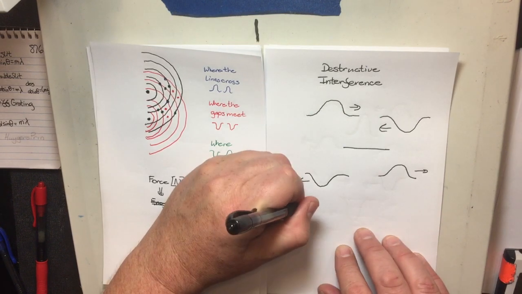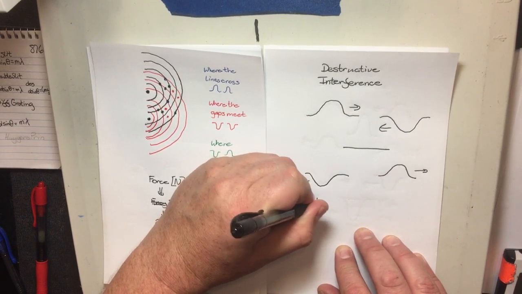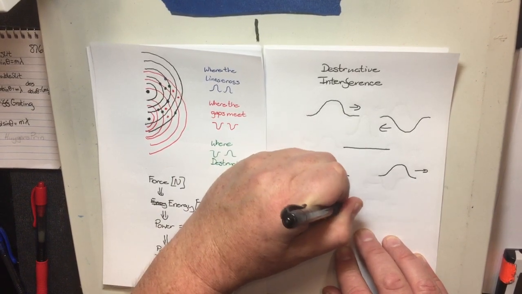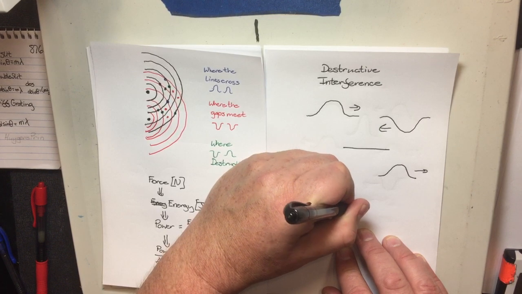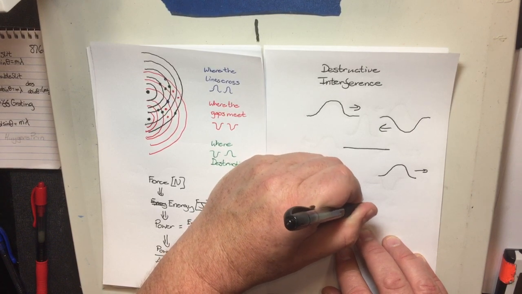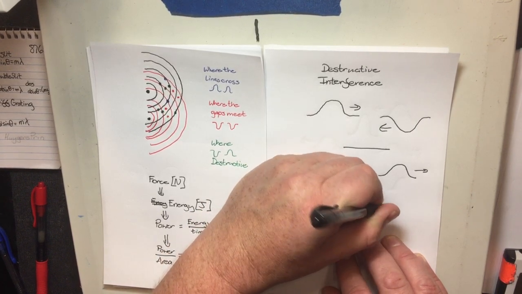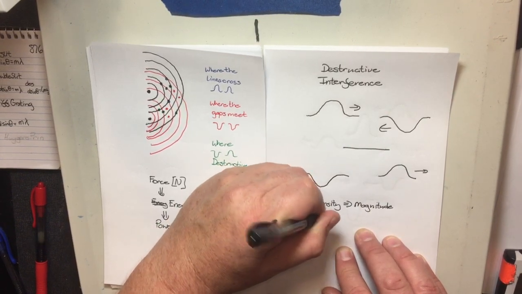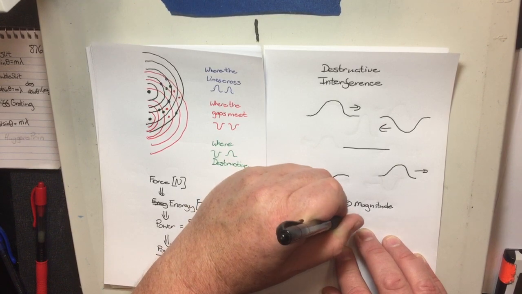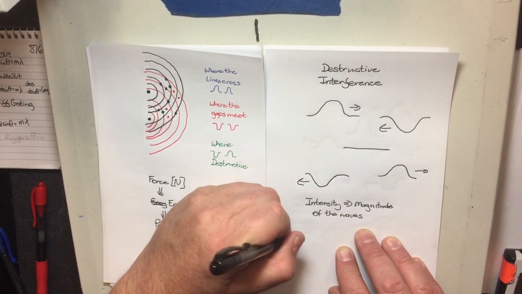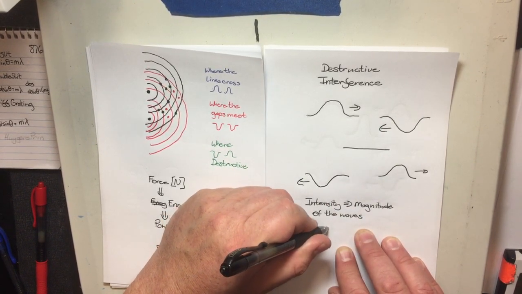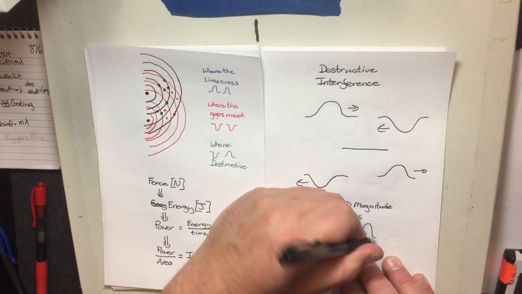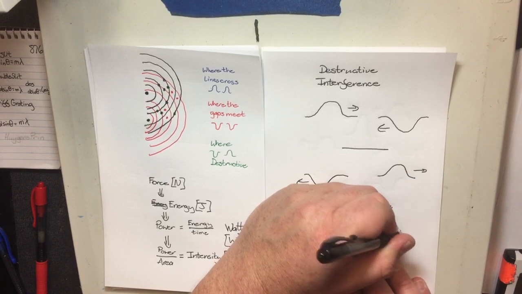Now, for this intensity, you can think of it also as the magnitude of the waves. So this peak and peak will produce a big peak, and this is bright.